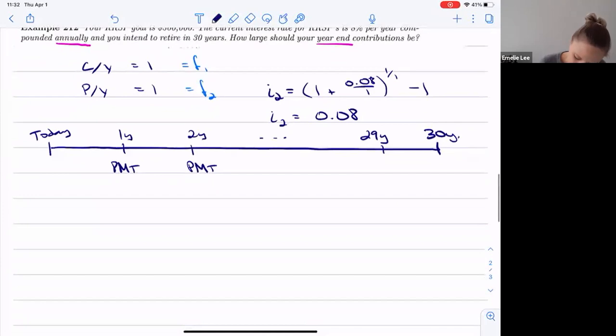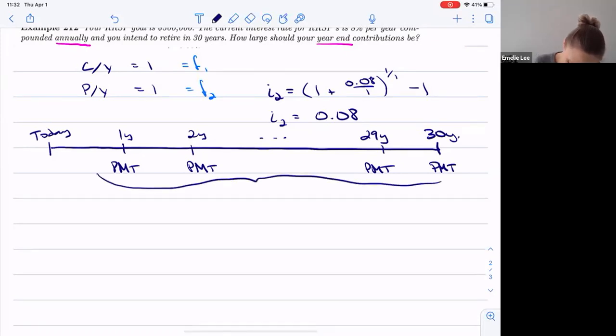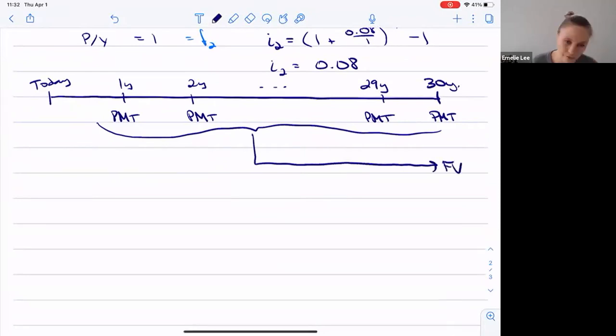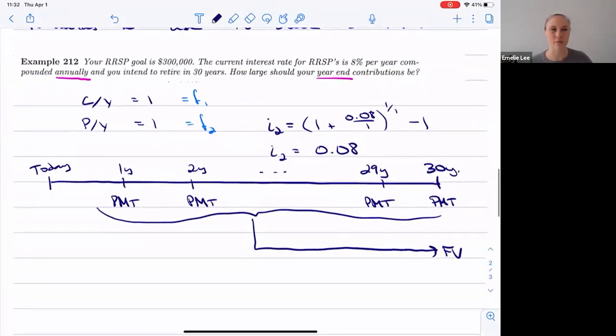So what we want to find is some PMT here. I'm just going to denote it by some payment amount that I'm trying to solve for. And all of these have to funnel to make some future value at the 30-year mark.